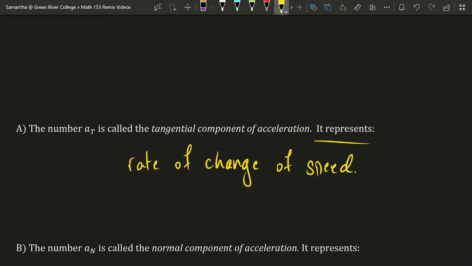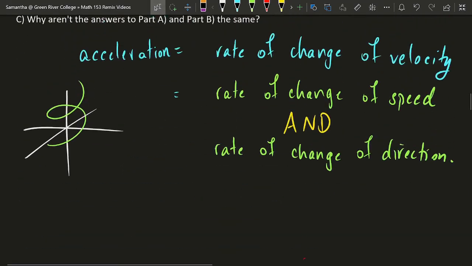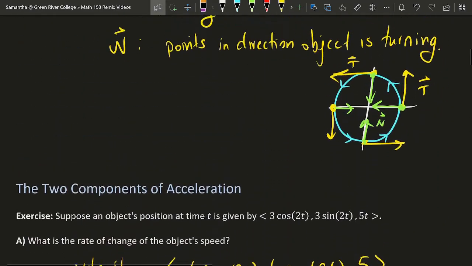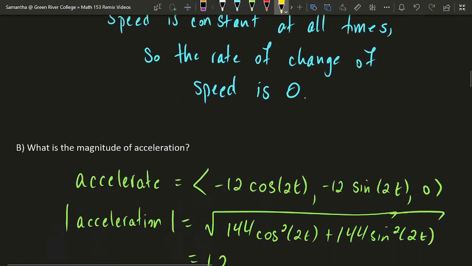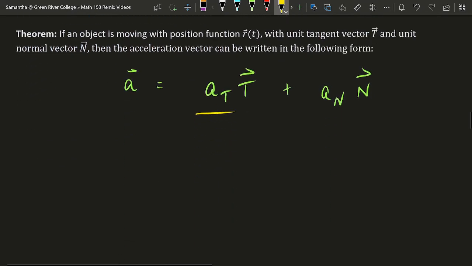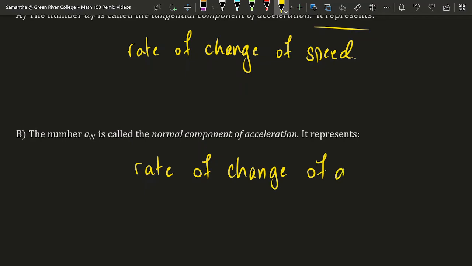It is the other portion, a sub N, the portion of acceleration that aligns with the direction of turning. It is that portion that captures the rate of change of the object's direction. A sub N, the normal component of acceleration, captures the rate of change of direction.